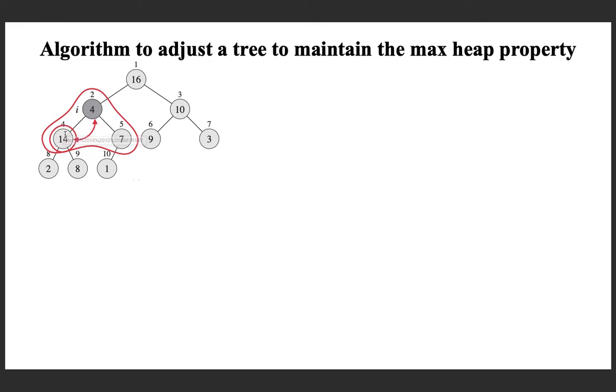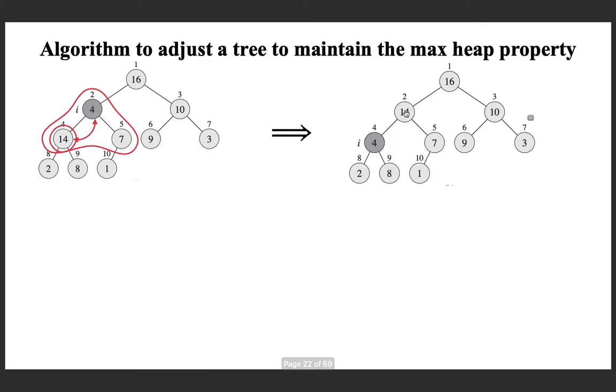Because the largest among the child nodes is greater than the value of the root node, you can interchange the values of the root node and the node at which the largest is present. If you do this, you will get this. So you interchange the values of these two nodes.